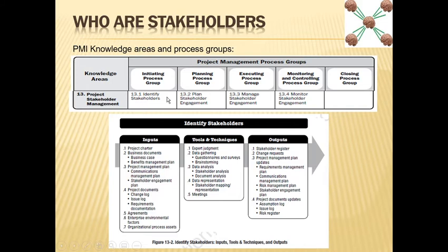One thing that I said at the start as well is that this is a part of the initiating group because this logically fits here, but technically it is everywhere. A project manager should always be keeping an eye on the stakeholders, because if he misses one, then it can be very fatal for the project as well.